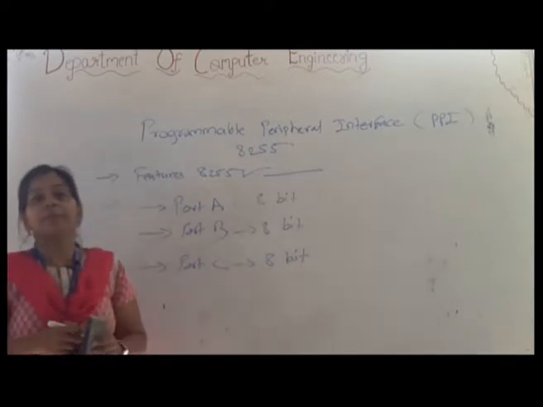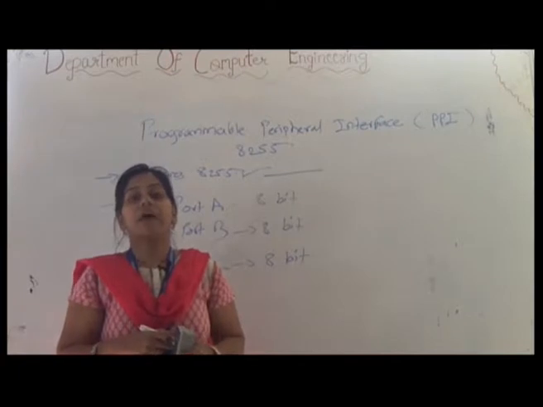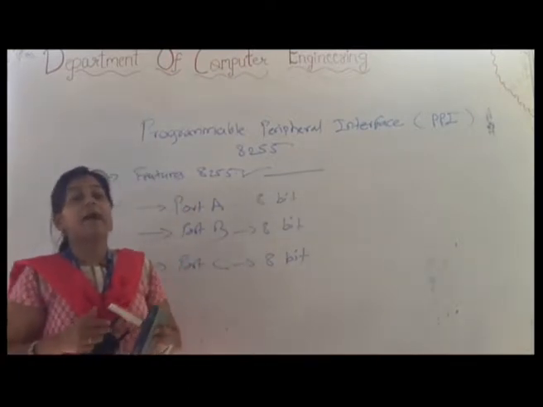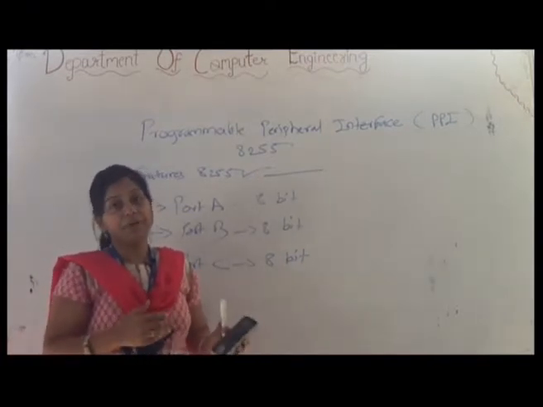Okay, these three ports, port A, port B and port C, all have a unique address. The data can be read from the ports or written to the ports.